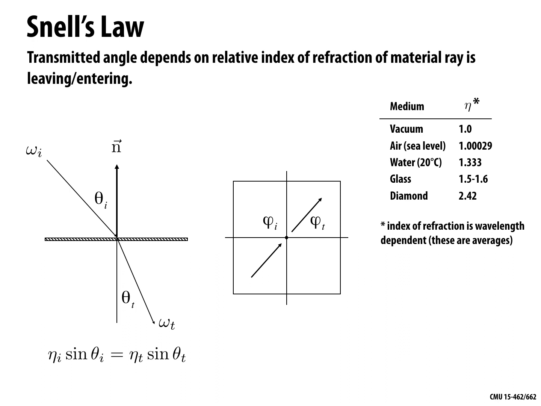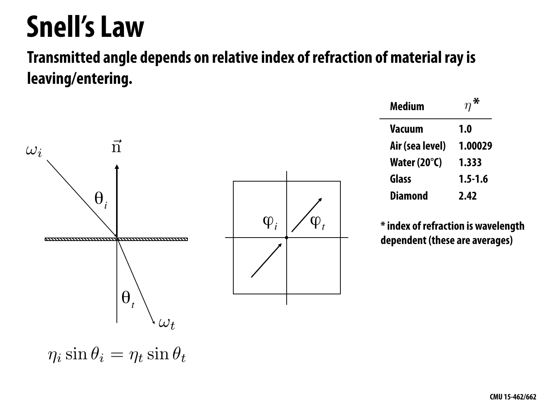And generally when we're doing computer graphics, a pretty reasonable assumption is that light is traveling through a vacuum. You can see that air at sea level is not so different from vacuum. Okay? So in particular, if we want to figure out the relationship between the incoming and outgoing angles, we have this equation at the bottom.